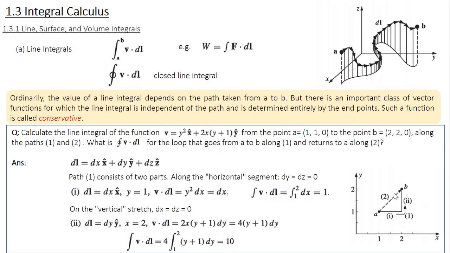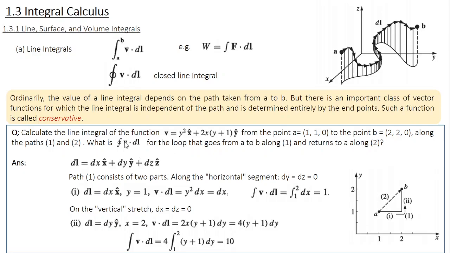So you have to calculate the line integral along these two paths. You're also asked to find the closed integral v dot dl for the loop that goes from A to B along 1 and returns to A along 2. So you start from A, go all the way to B and come back to A. You start from A and end at A, so this is a closed loop.